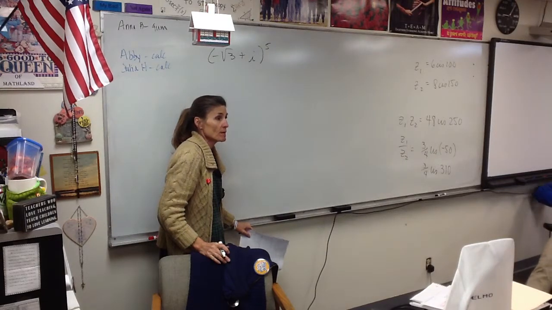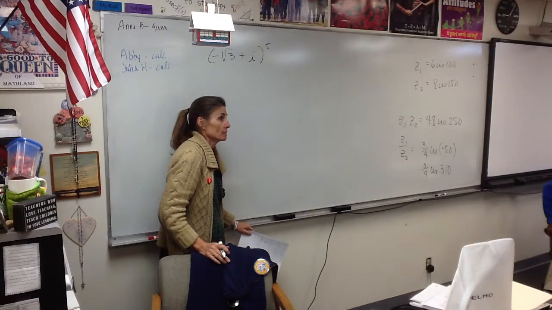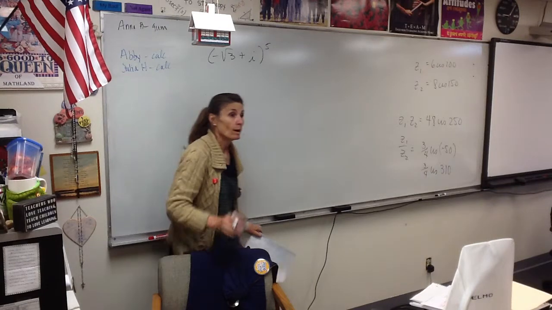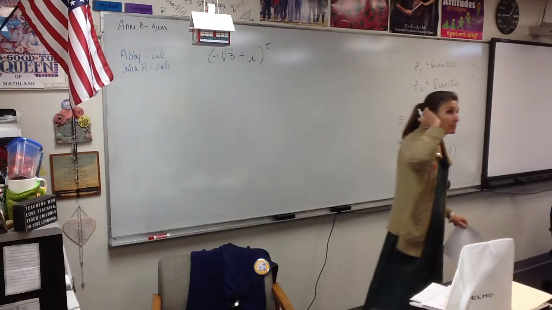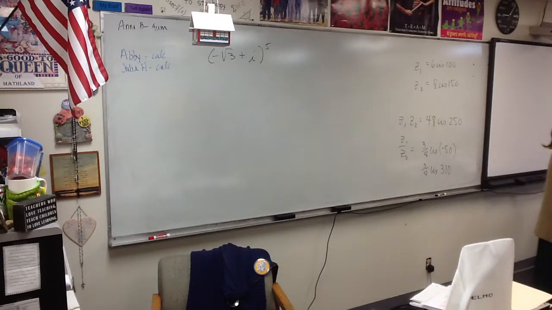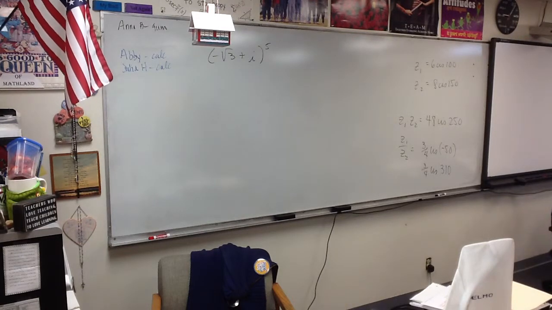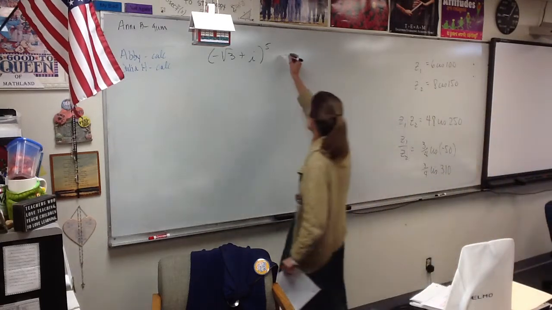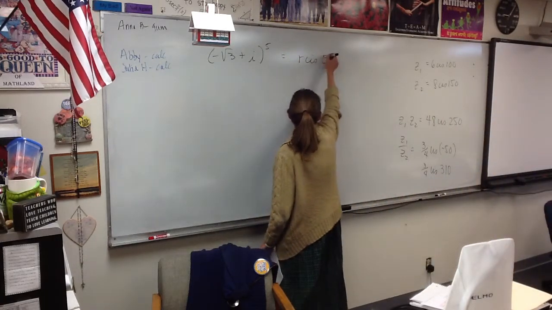Oh, nobody remembers how to start? That little yawn. We're going to deal with the 5, but not yet. First, we're going to change our number into polar form. So we need to change this number into r CIS theta.